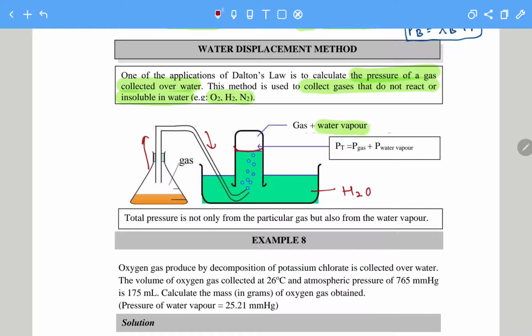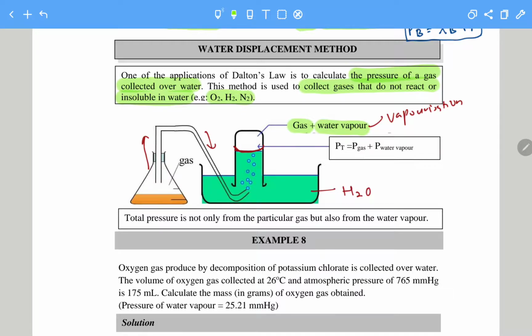So water vapor ni dia akan coming from the vaporization process yang berlaku pada water surface ni. So that's why inside the chamber right now kita ada mixture of two gas. So kita ada gas collected over water ni and also water vapor.